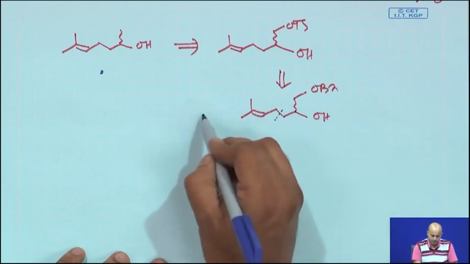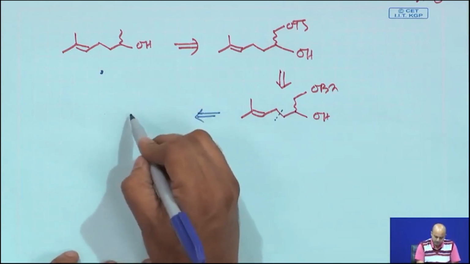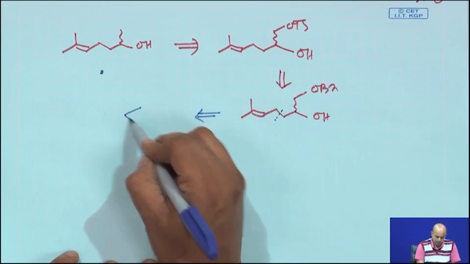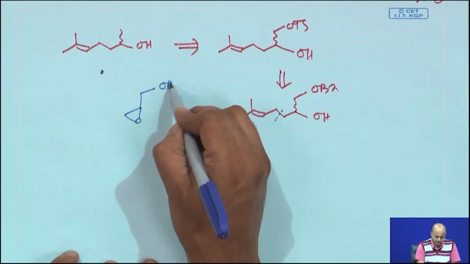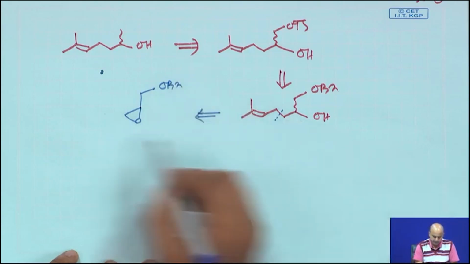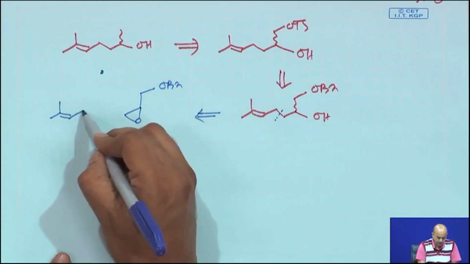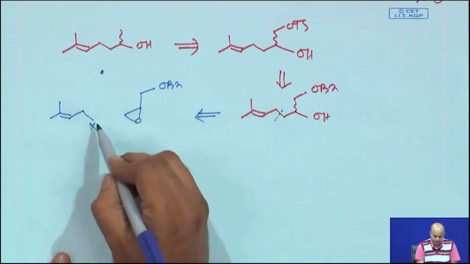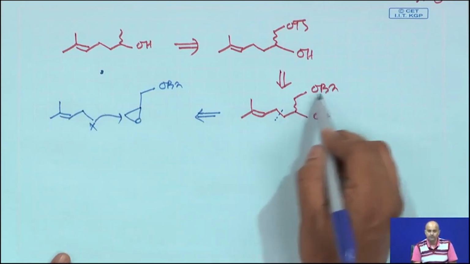this bond. If you cut it, you put this epoxide here and you react with some nucleophile, something like this. If it attacks here, it opens up to give you this compound.